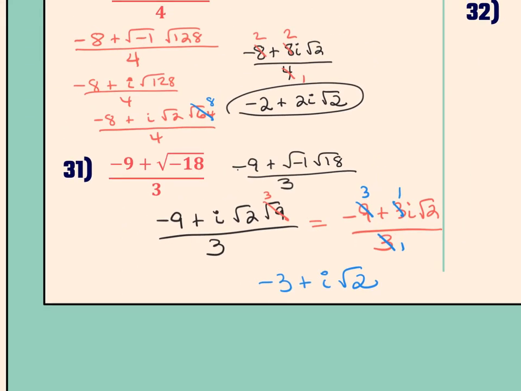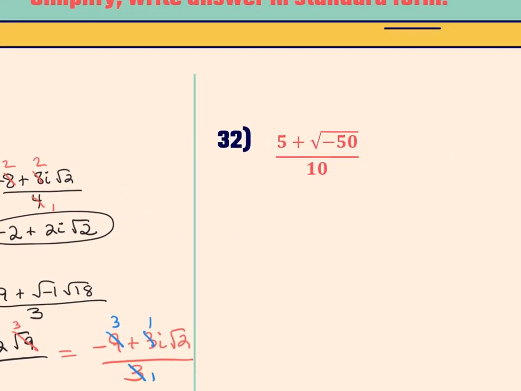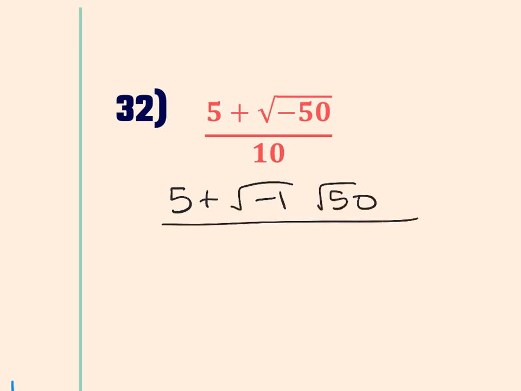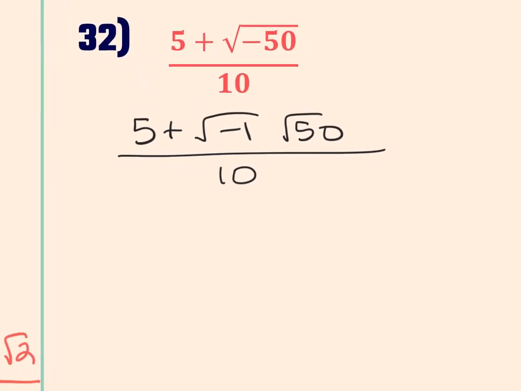Try 32, and then we'll do one last topic with i raised to a really big power. Let's try 32. Same thing, break down the negative 50. So 5 plus negative 1 square root 50. I need to break down the square root of 50. I can make it 2 times 25.